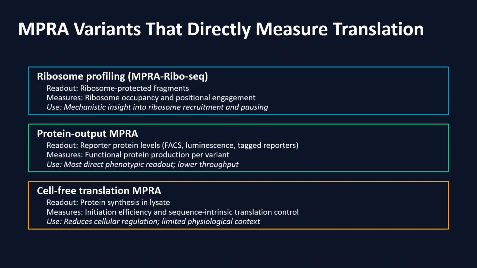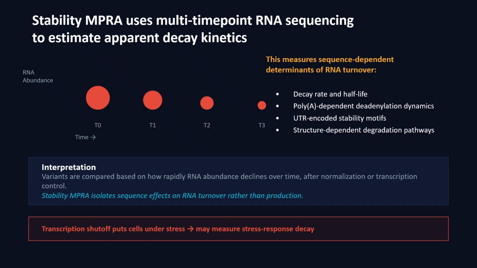So the important thing here is these assays measure different layers of the gene expression cascade. So they generate different types of labels and answer different questions. Stability MPRA is designed to measure how quickly different RNA variants are degraded over time.